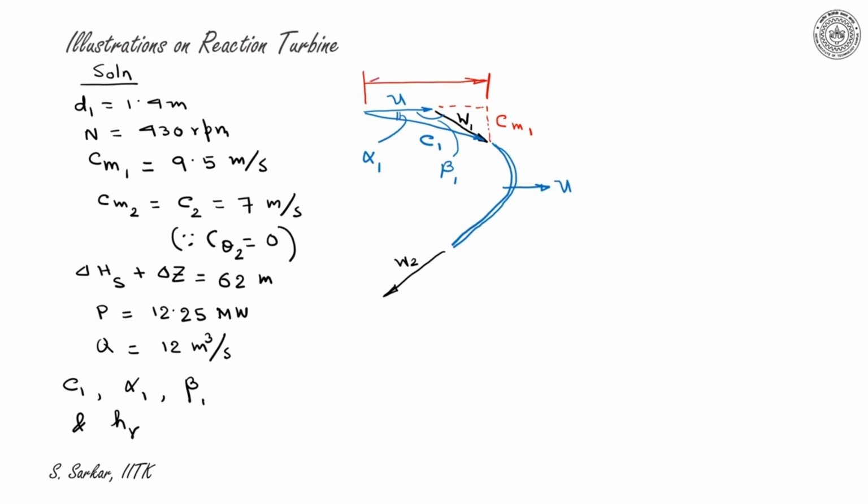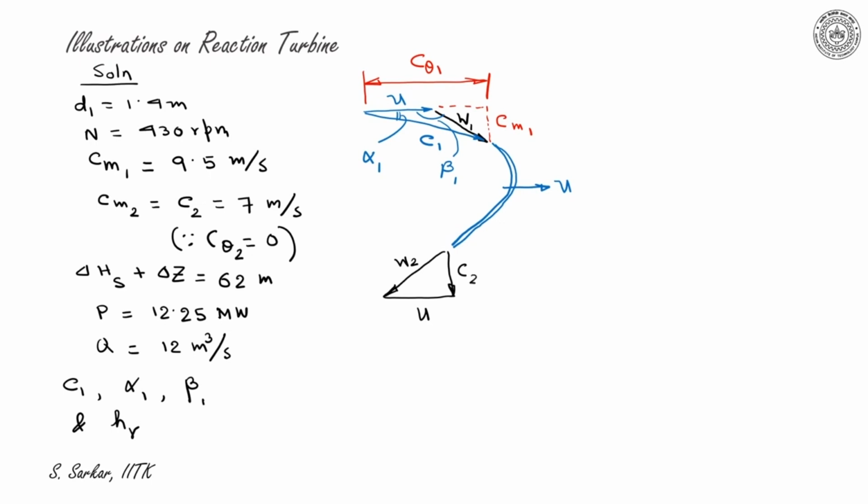Alpha 2 would be equal to 90 degree, and this angle is beta 2. Thus, I have drawn the velocity triangle both at inlet and exit in a meridional plane. Thus, let me solve the problem now.